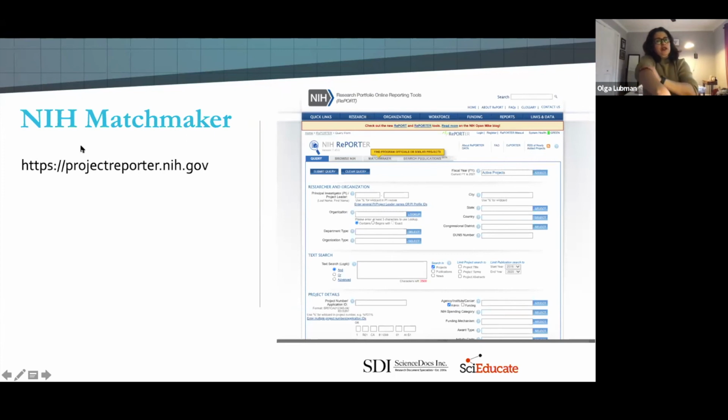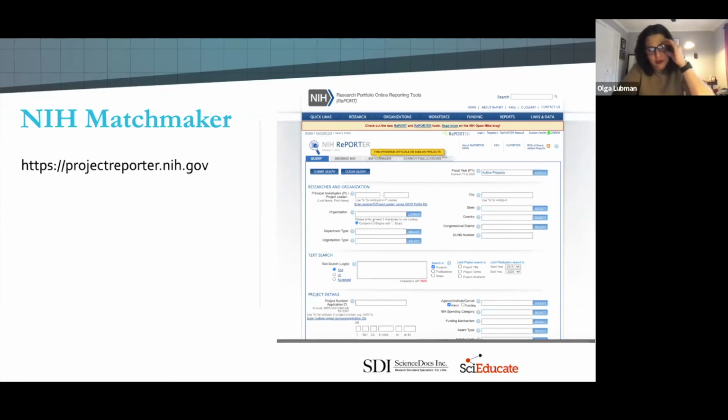NIH actually has a project reporter, which is a really great database that you can search in all sorts of different ways. One particular feature that I think is really great is called Matchmaker. If you go into Matchmaker and simply put in your abstract, or some sort of a 4 or 5 sentence summary of what you're working on, it will search the entire NIH database to come up with projects that either are currently being funded or have been previously funded within that space.